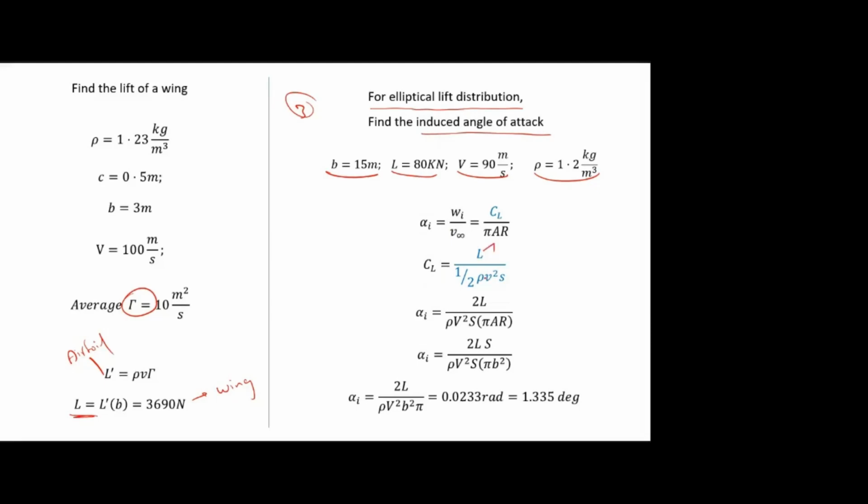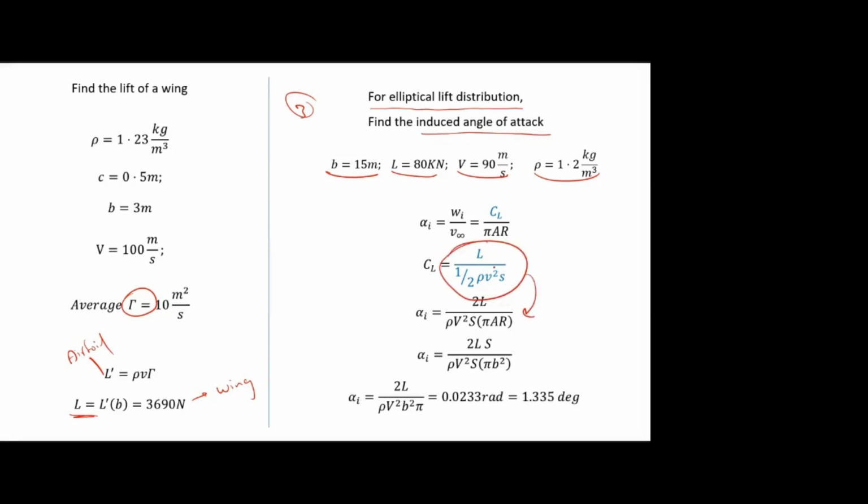So lift is known, density is known, velocity is known. Okay, so area is not known. So what they are doing now, simply they are substituting this here.